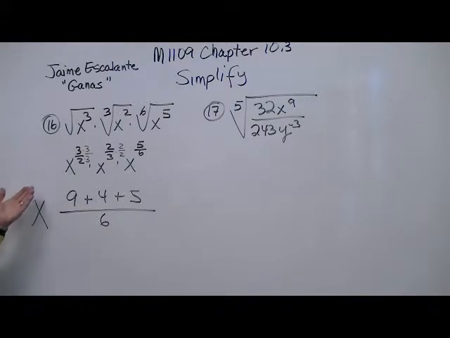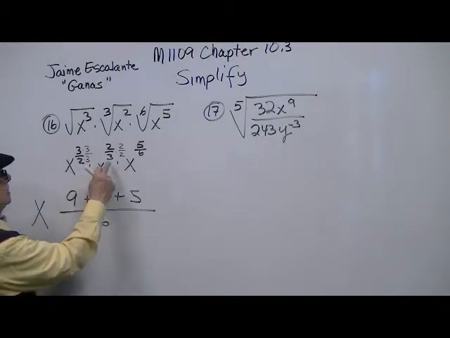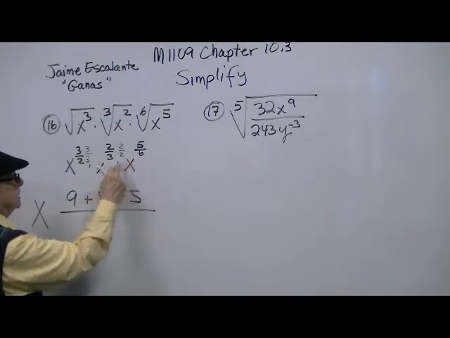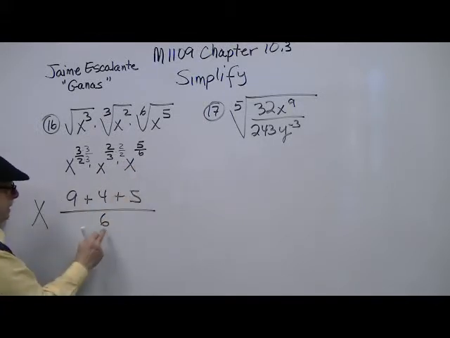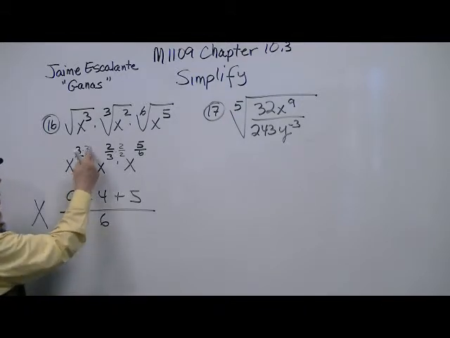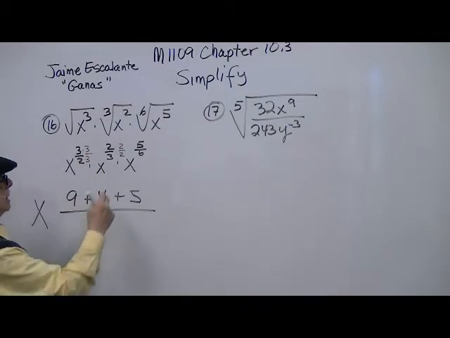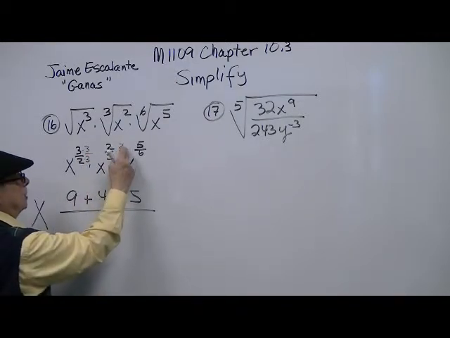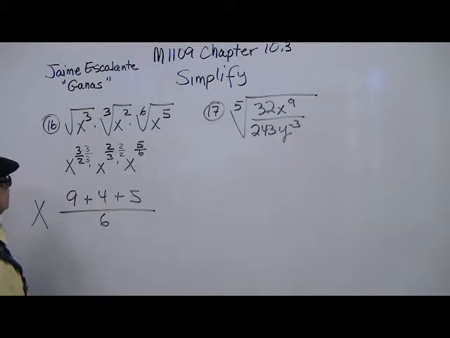And now you have a case of just adding up the exponents. Well, this has denominators of 2, 3, and 6. Common denominator is 6. So to make this a 6, I've got to multiply it by 1 in the form of 3 over 3, this one by 1 in the form of 2 over 2.